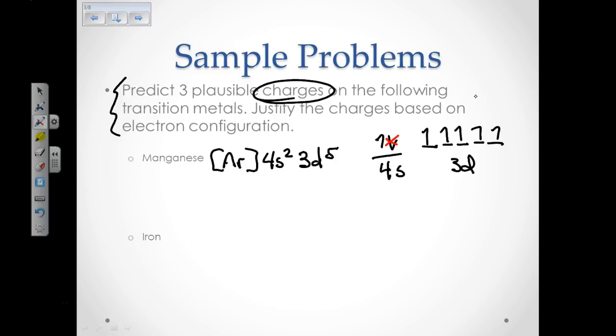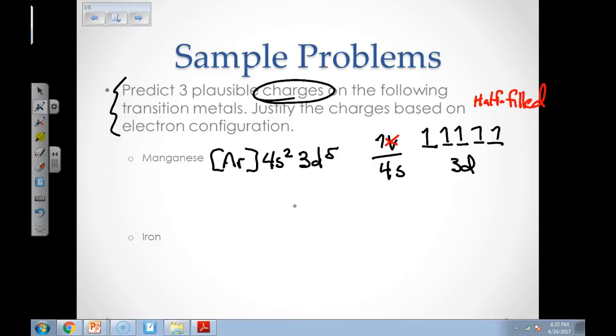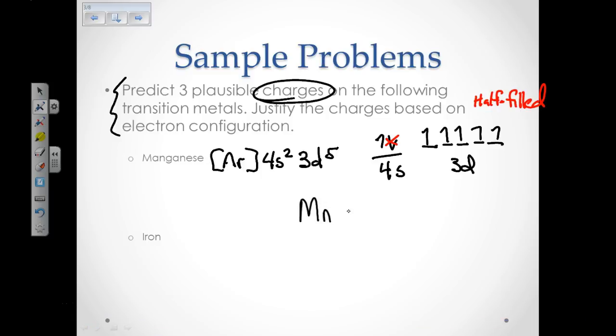Now both of these are half filled, so that is a possible or plausible charge. That gives us manganese, Mn, 1 plus. So that's 1, but we need to come up with 3.